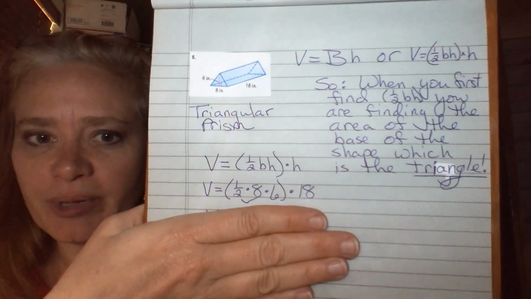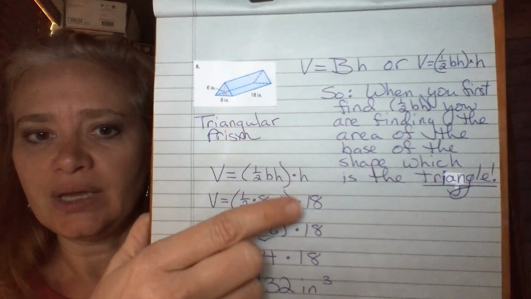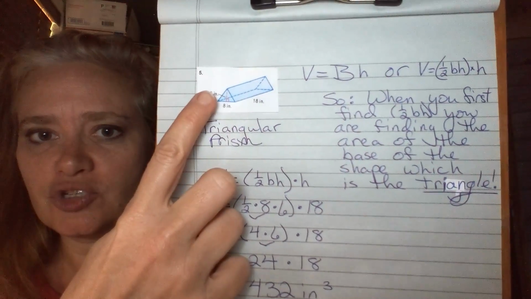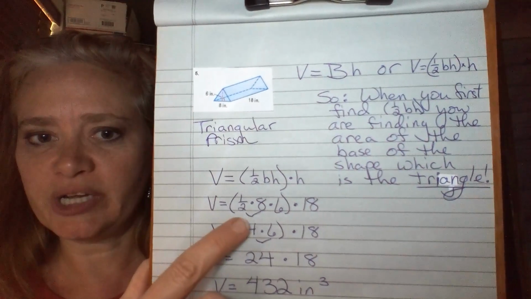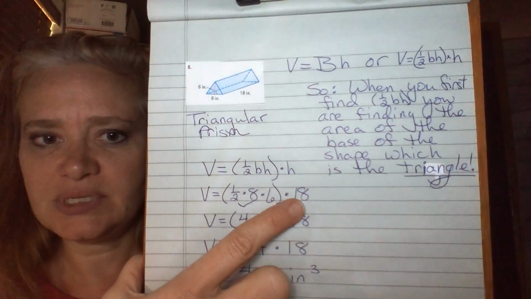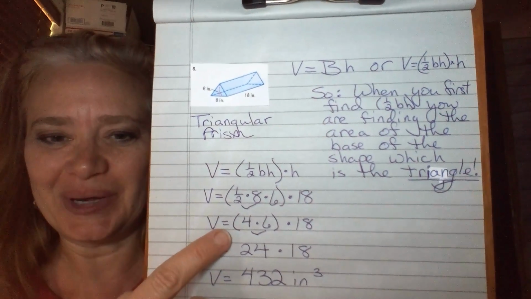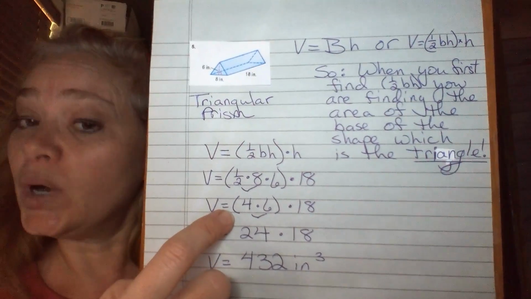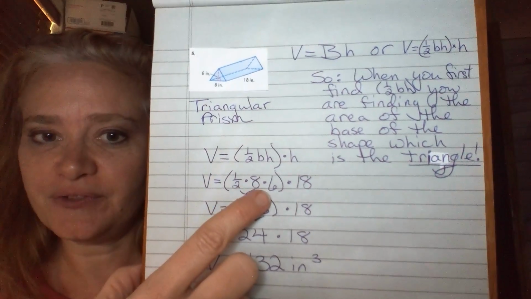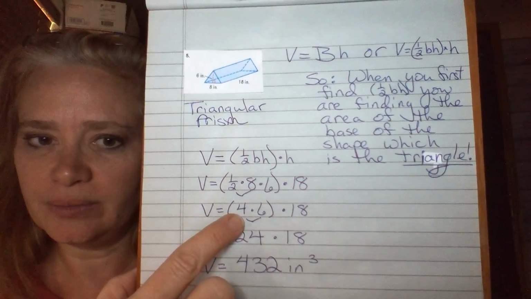And I plugged in what I know about the triangle. I know it's 8 long, and it is 6 tall. So here's my triangle stuff in parentheses. Then times 18 inches tall. Yes, you can write this down as I'm talking about it. And then I multiply one step at a time. 1/2 times 8 is 4.